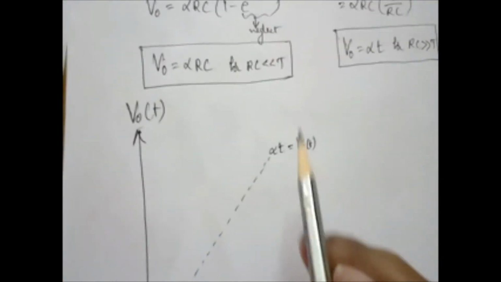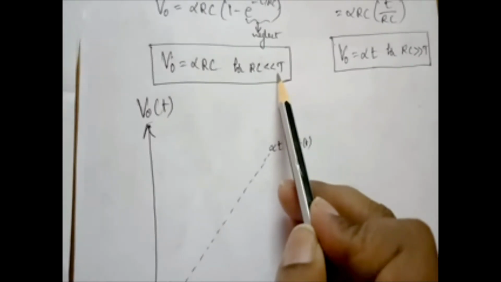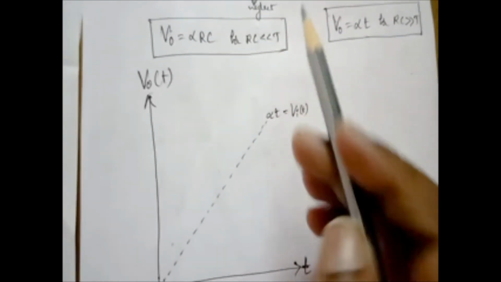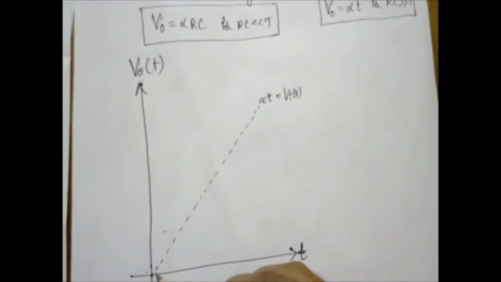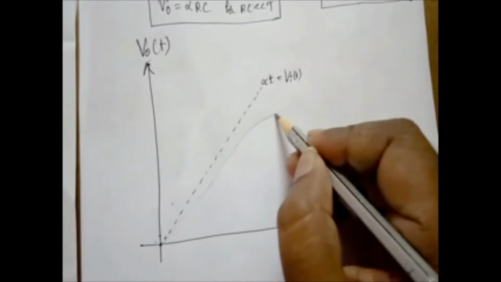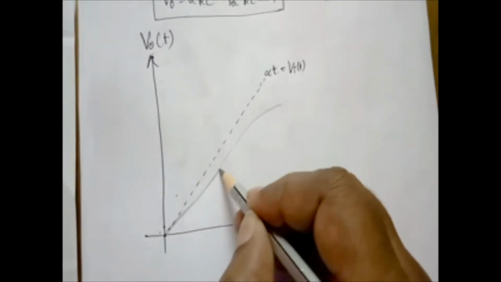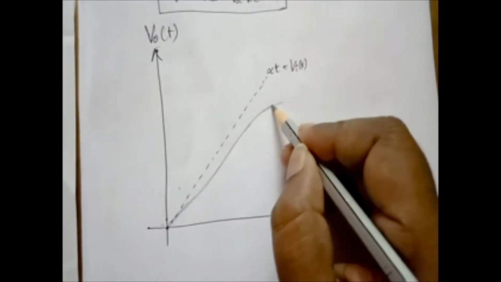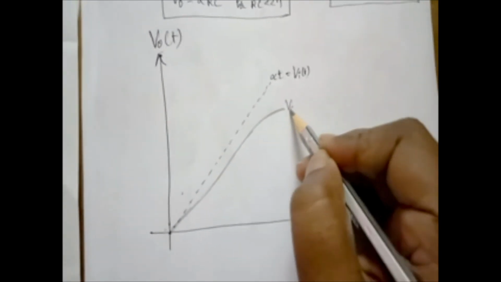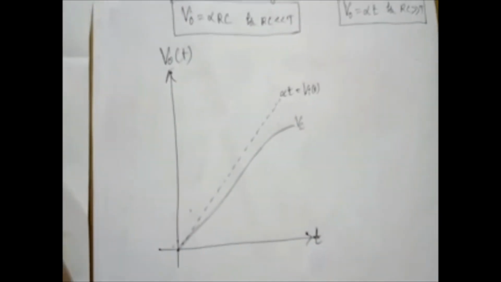So when the RC value is much less than T, what happens? The capacitor charges quickly. Let us see the waveform of the capacitor. The capacitor starts charging quickly. This is the capacitor charging, which I represented as Vc. Now, what happens to the resistance?